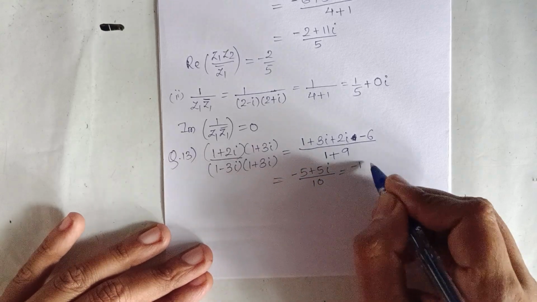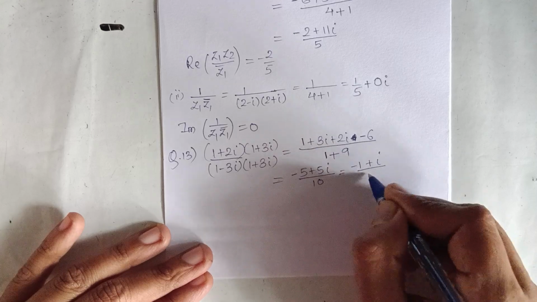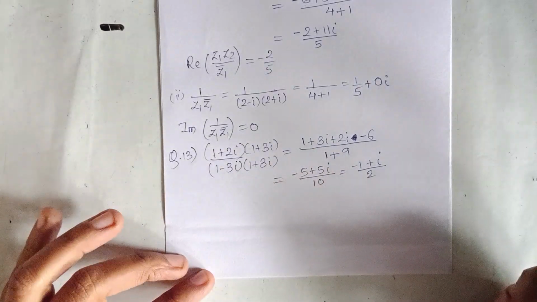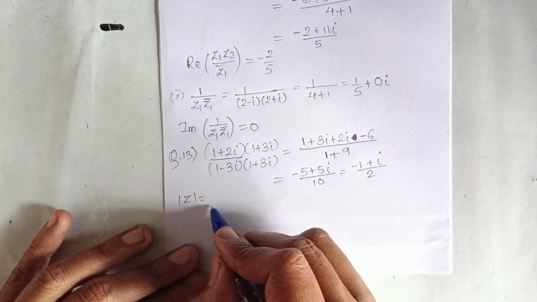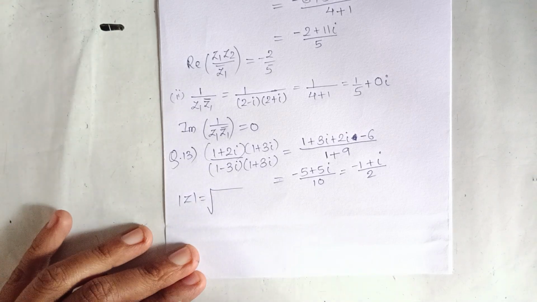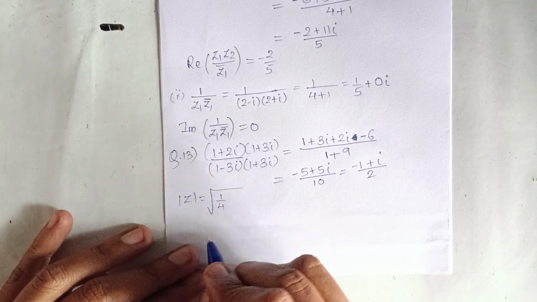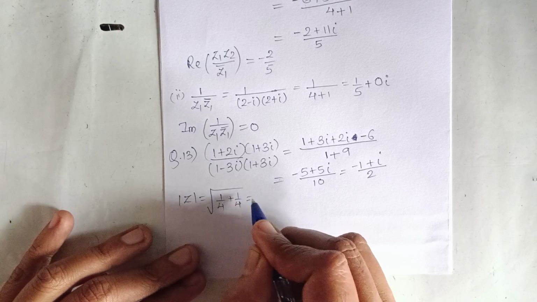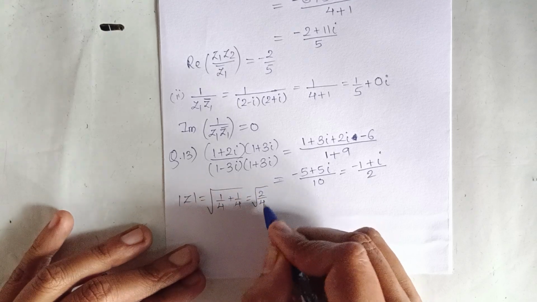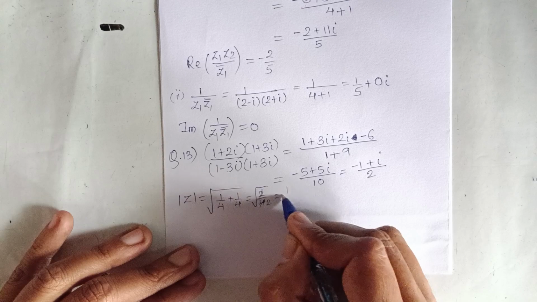So this is minus 1 plus i upon 2. Okay. Mod, 1 by 4 plus 1 by 4. So this is 2 by 4, 1 upon root 2.